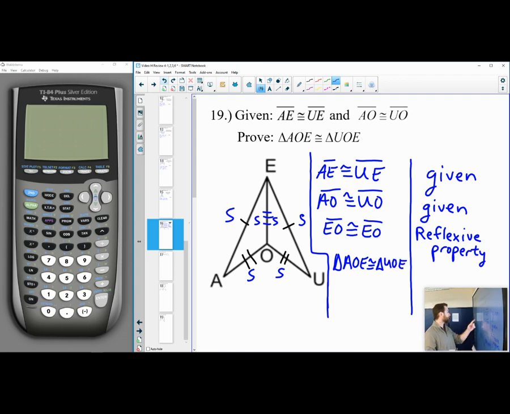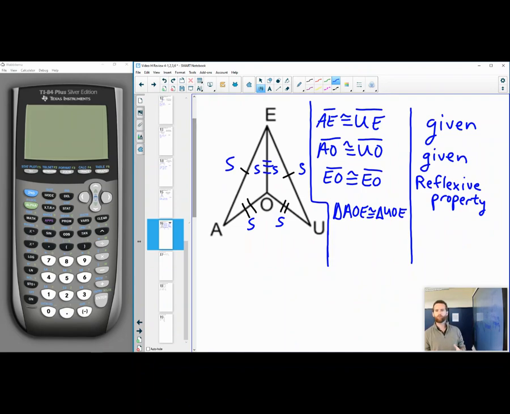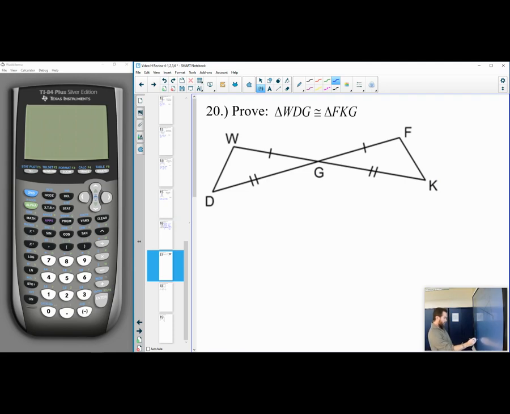Now it's time for the most important part, where we have to pick what pattern we're looking at. And this one's hopefully not too difficult. It's just side, side, side. We have 3 pairs of congruent sides, so that proves the triangles are congruent, and we are finished with this problem.